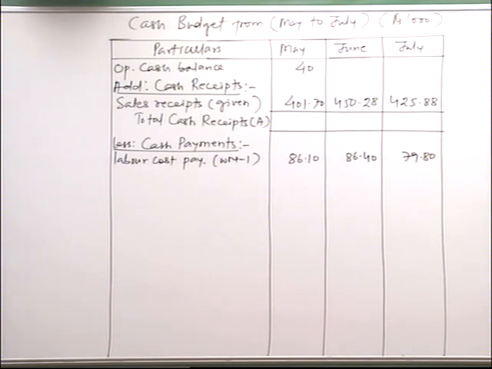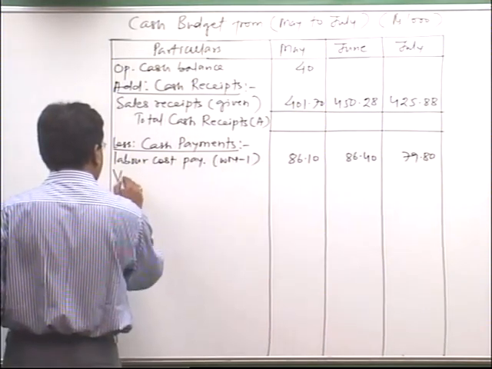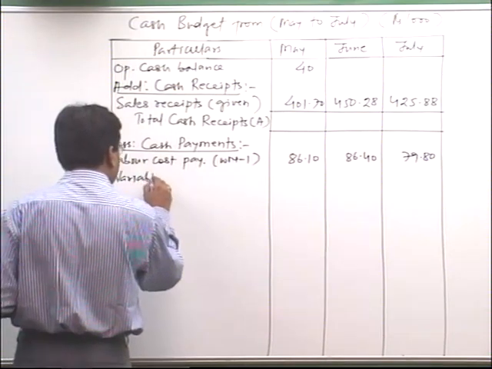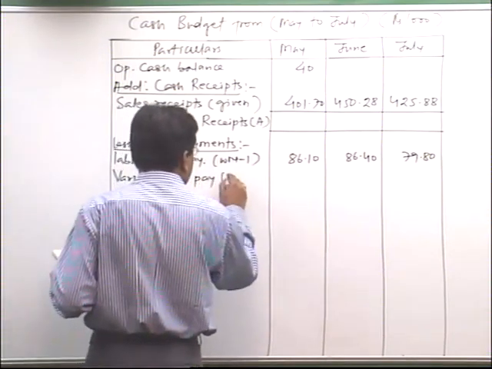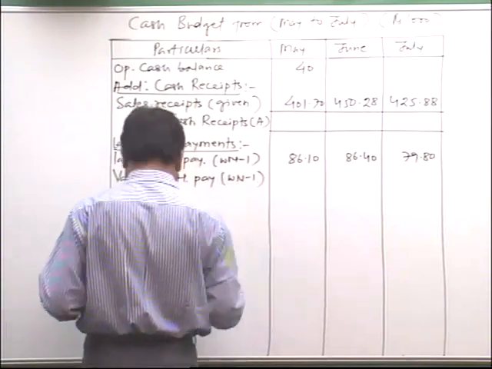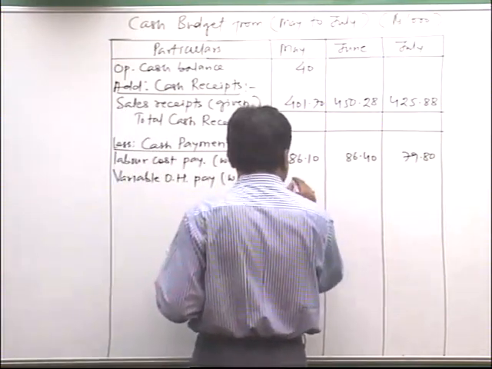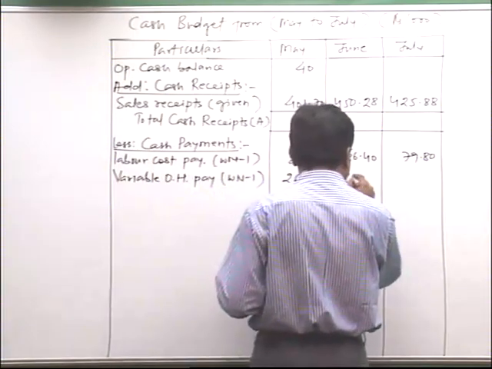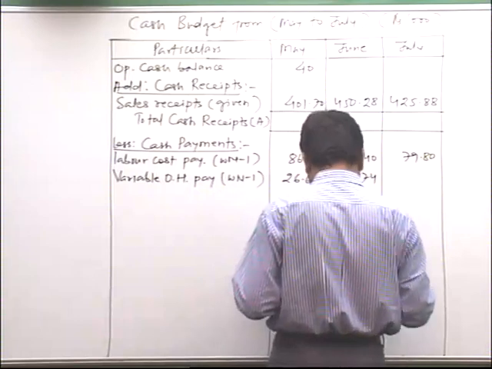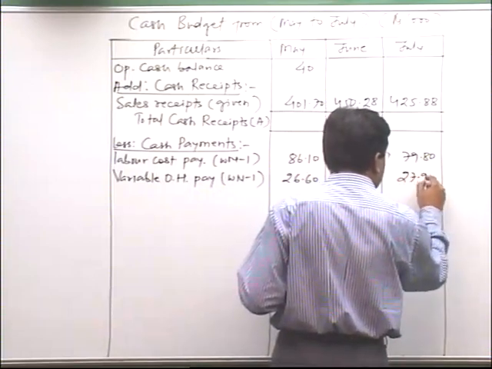Second is variable overhead payment. Again refer to working note 1. It is 26.60, 28.74 and 27.92.